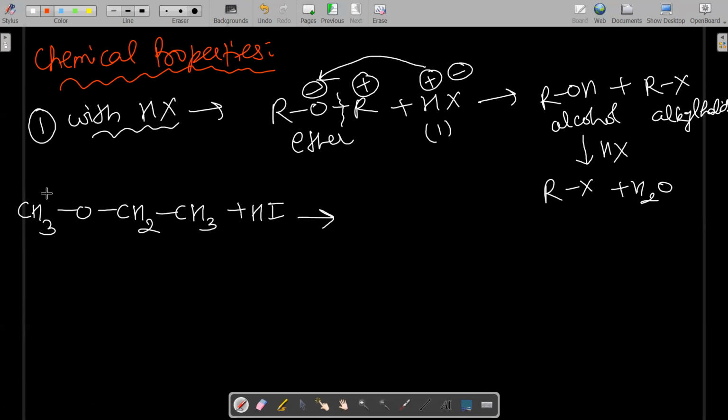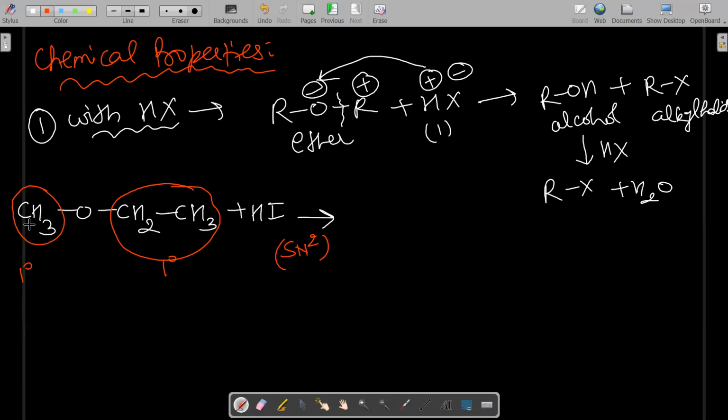Now you tell me, in this case, both alkyls are what? 1 degree. So if both alkyls are 1 degree, then obviously you know which mechanism will be followed: SN2. And the SN2 mechanism is always favorable for the lesser carbon atom, where there is less steric hindrance.